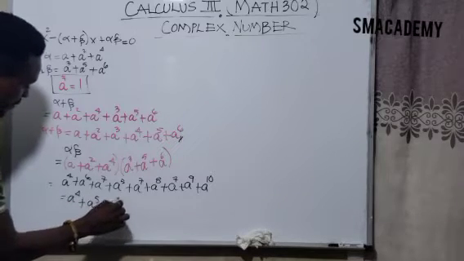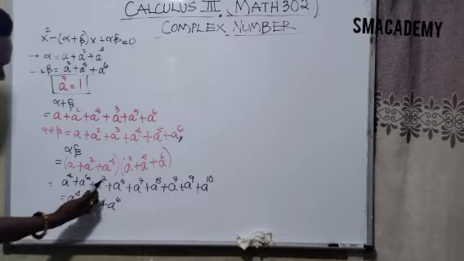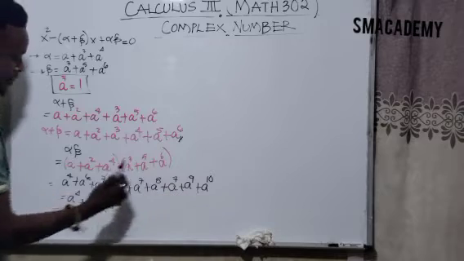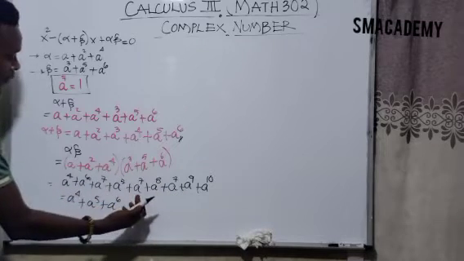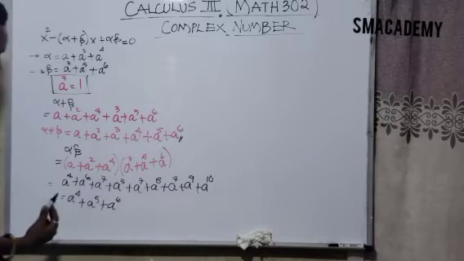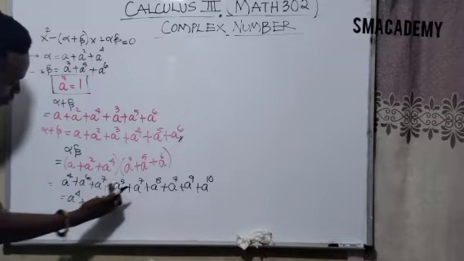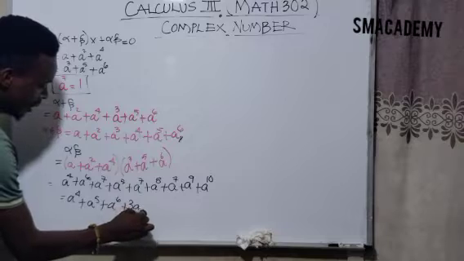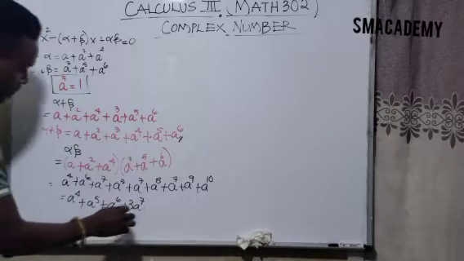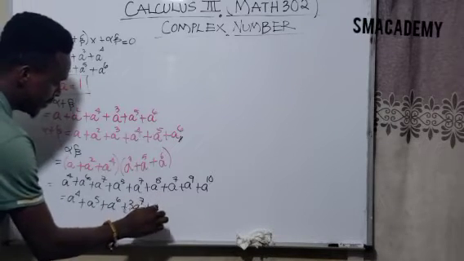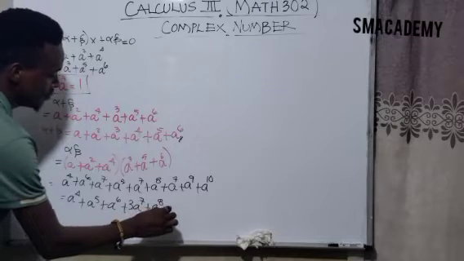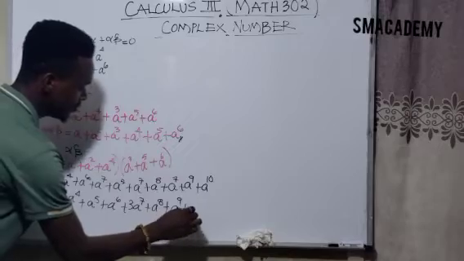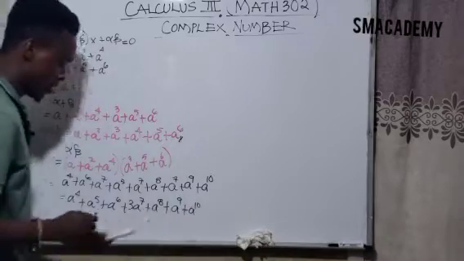Then we have a to the seventh power three times, and since they have the same variable, we add the coefficients: 1 plus 1 plus 1, giving 3 a to the 7th power. The next terms are a to the 8th power plus a to the 9th power plus a to the 10th power.